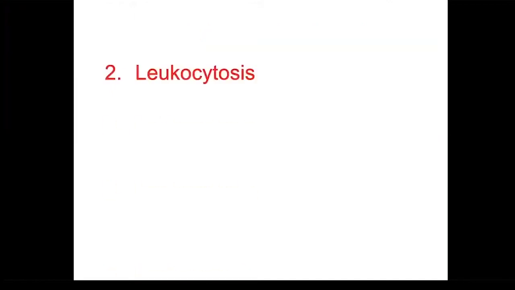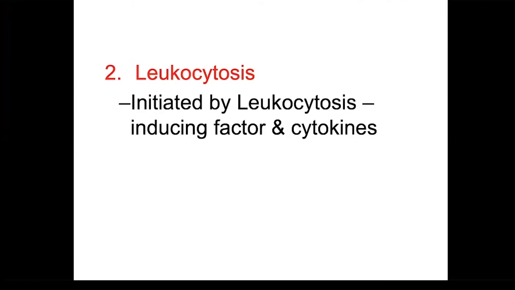The second step in inflammation is leukocytosis. Recall that this term means that you have elevated levels of leukocytes in your blood. Damaged tissue cells will release leukocytosis-inducing factor. Leukocytes will release cytokines such as interleukins.